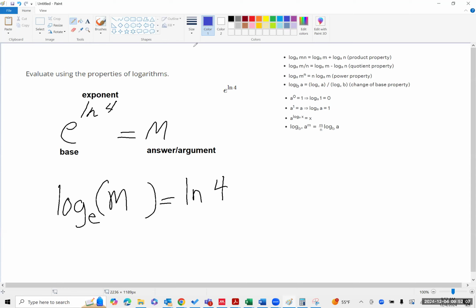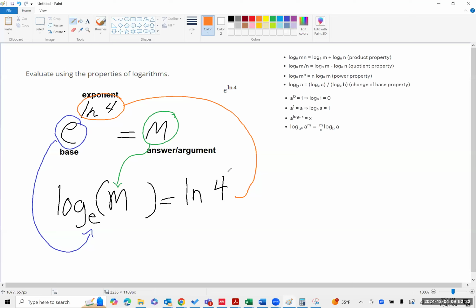So it may be helpful to draw arrows to remind you of where things are supposed to go when you're going from exponential form to logarithmic form and so on, right?